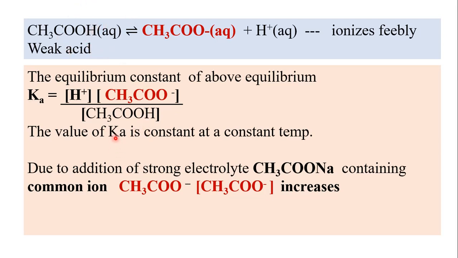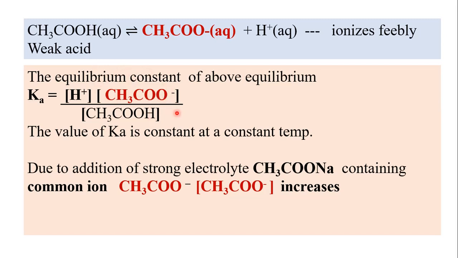So the value of Ka is constant at constant temperature, and due to addition of strong electrolyte, that is sodium acetate, which contains common ion acetate ion, the concentration of acetate ion increases in the solution.